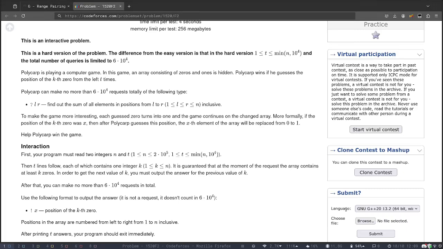So we just save a single query on average, which is still not enough to solve the full problem. You have t questions, and this would require t log n, so more than 10 to the fifth questions.